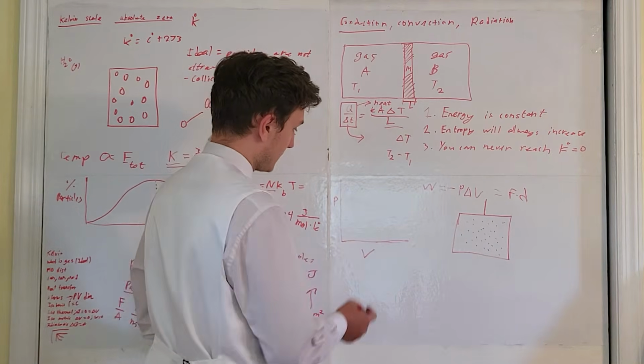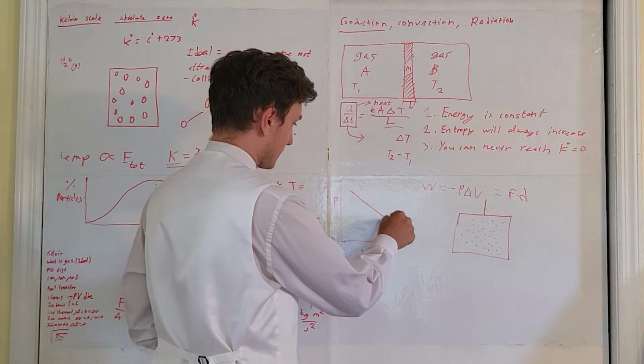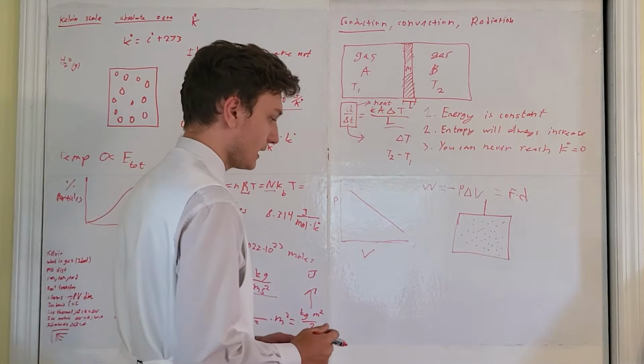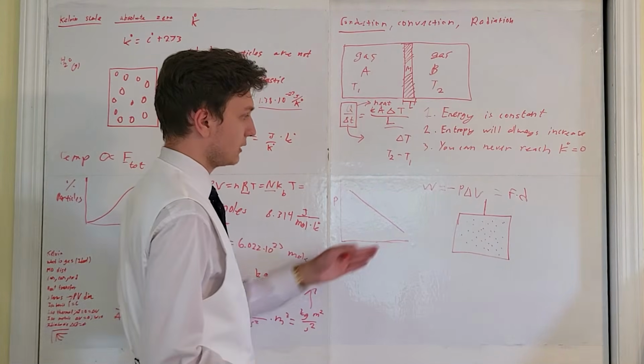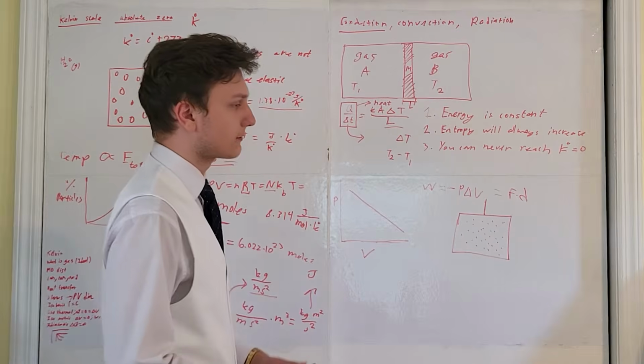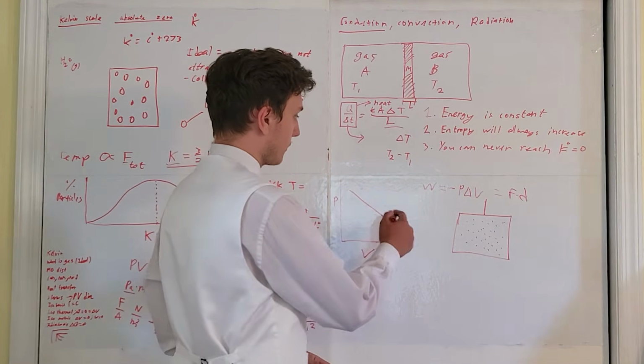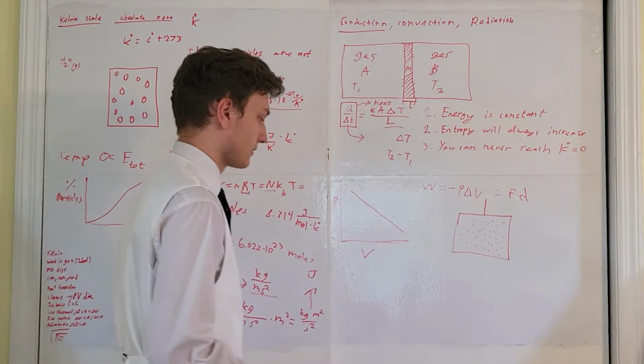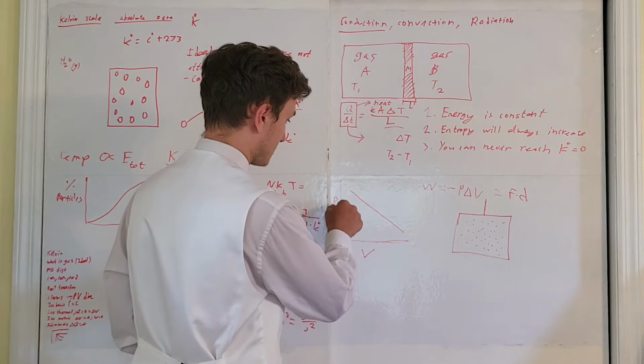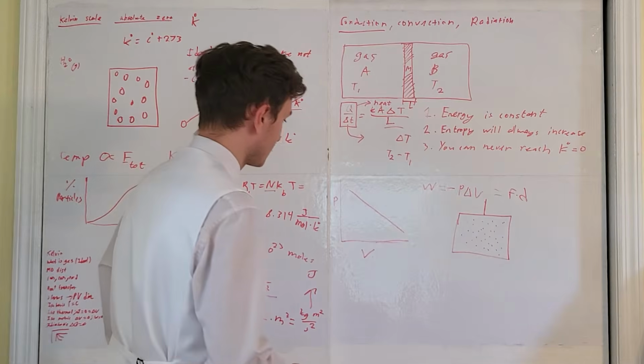So if, let's say, my relationship between pressure and volume looks like this, and the problem asks me to find the work done on the system, we're going to have to reintroduce a process that we covered back in AP Physics 1, the area under a curve. The area under the curve is the x-axis multiplied by the y-axis. Okay?